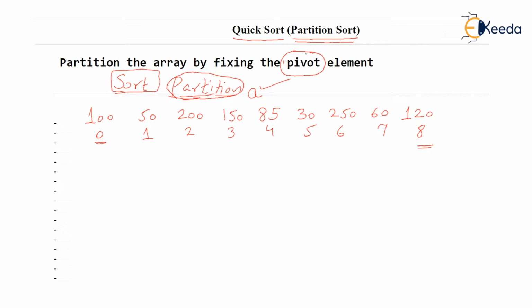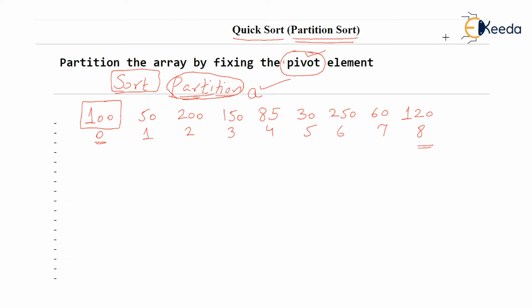We will take the leftmost element, that is 100. This will be the pivot, and we will try to fix this 100 at such a place that everything to the left of 100 will be less than or equal to 100, and everything to the right of 100 will be greater than 100.